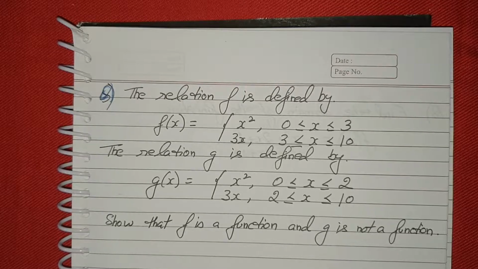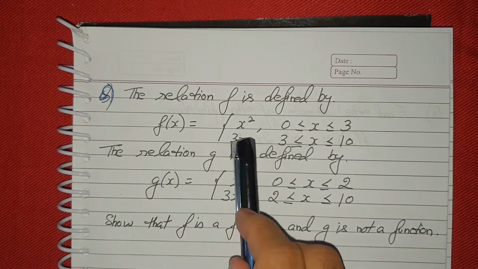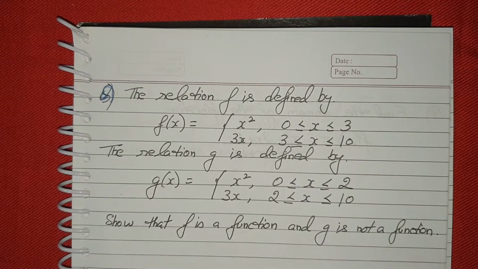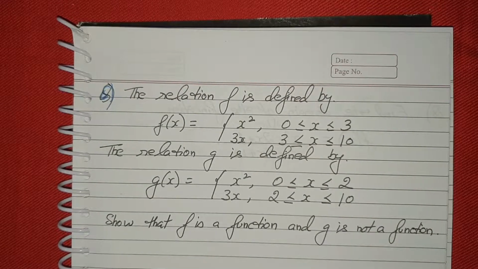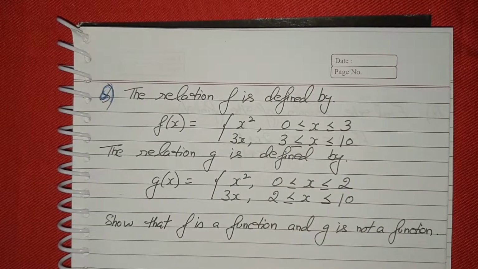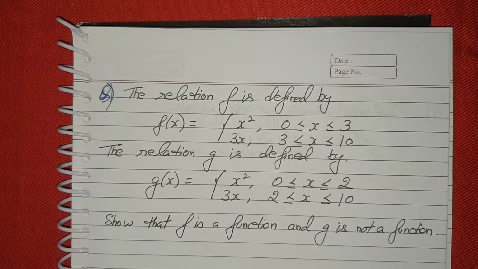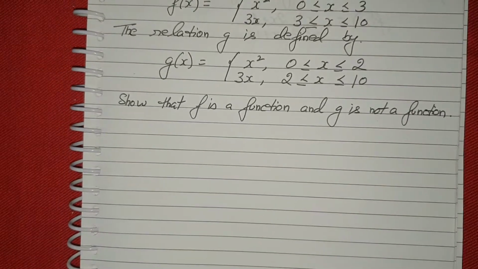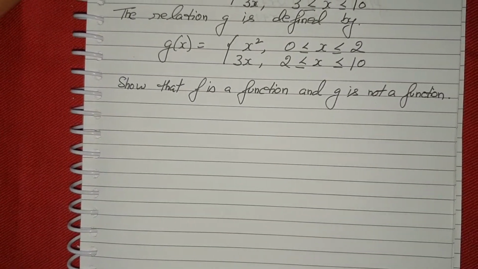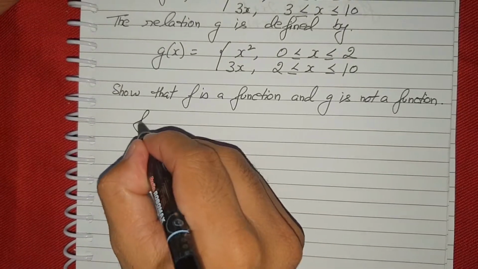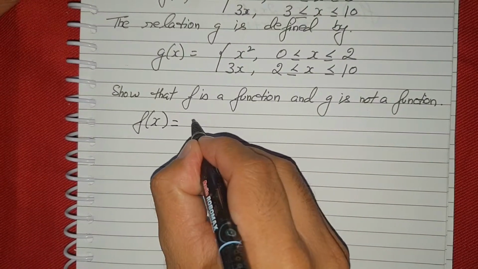Now what's given to us is that f(x) is x square for x lying between 0 to 3, and 3x for x lying between 3 to 10. So what we can write is that f(x) equals x square.